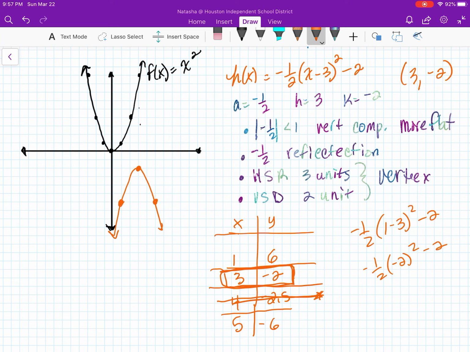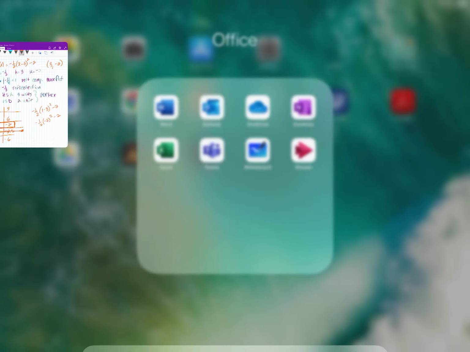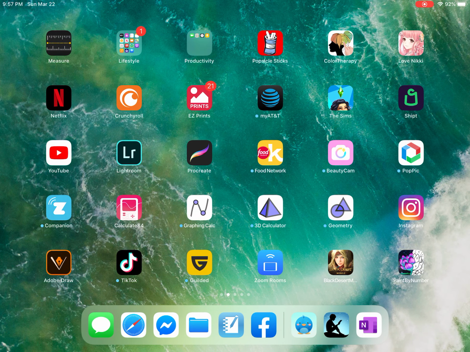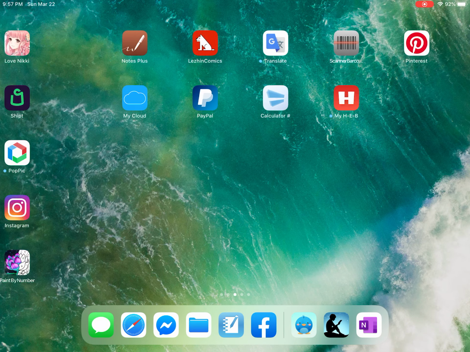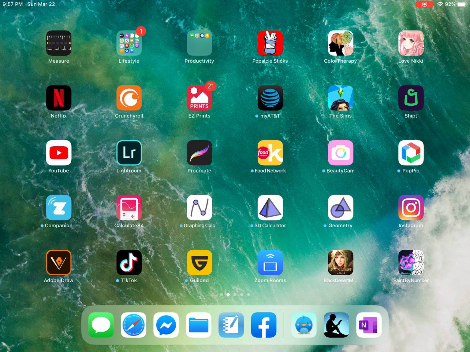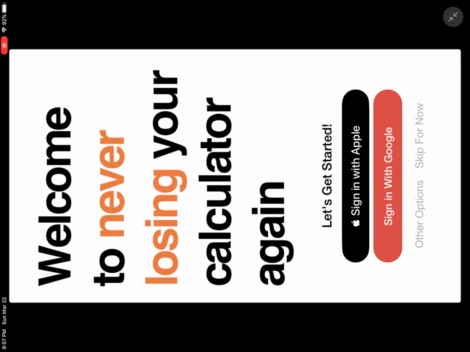Now it's a little bit easier to see what happens. Let me see if I can pull this up and not do the negative. Where is my, not that one. Let's go ahead and do this one.